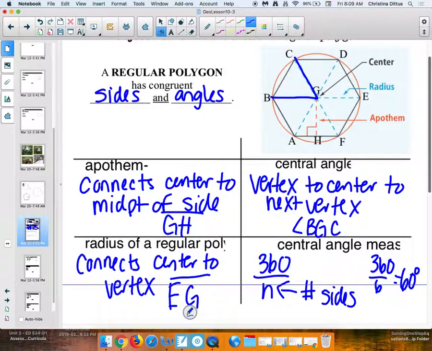So each of these is 60 degrees. To be honest, when it comes to doing this stuff, all you need to know is that this is our height. And then each of these is a side. Hopefully he knows that.